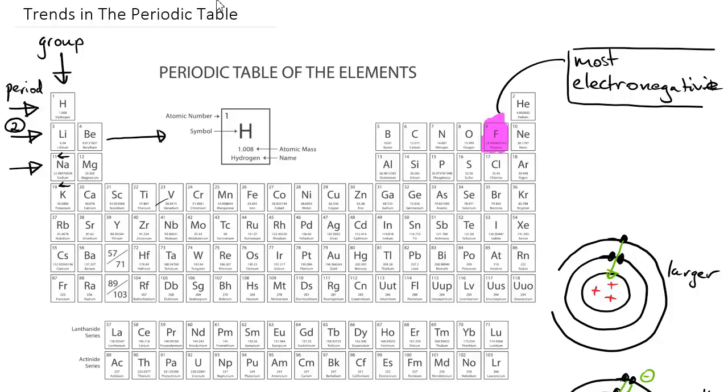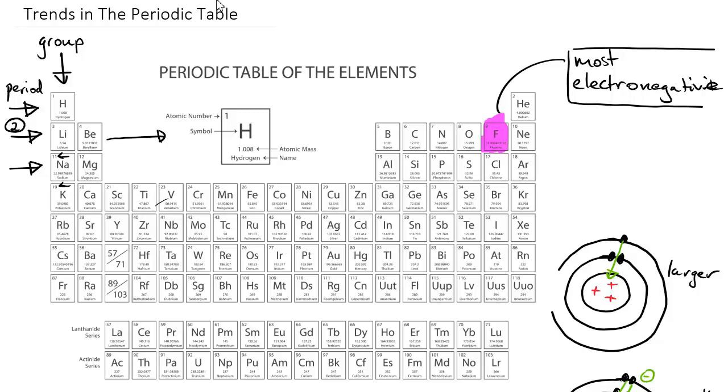We understand that fluorine, for example, has 7 electrons in its outer shell, and as a result, it really wants to grab another electron to become stable, like neon. So we've established that as we go across the period, the element becomes more electronegative.